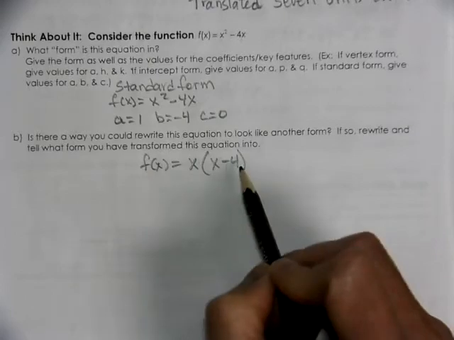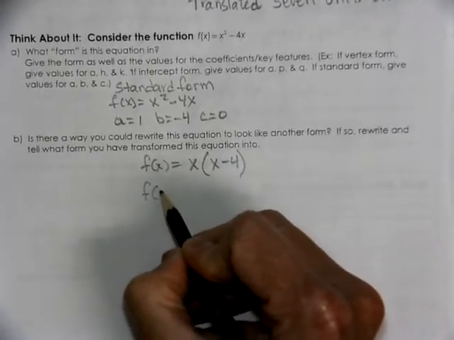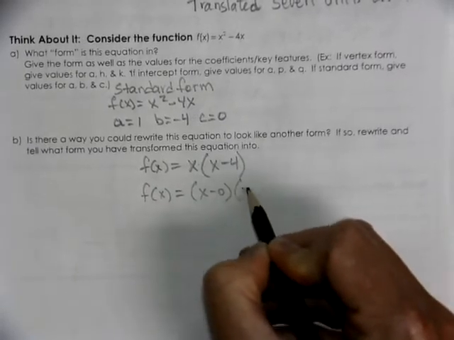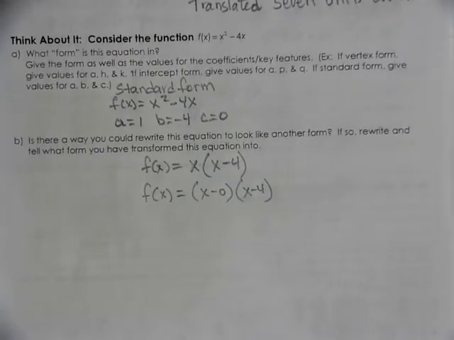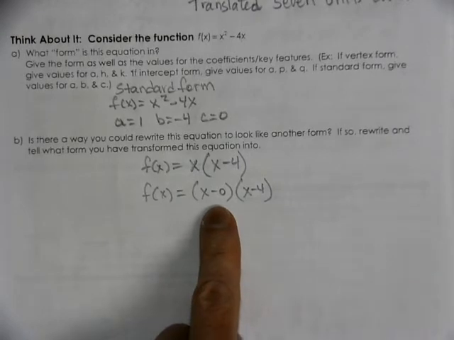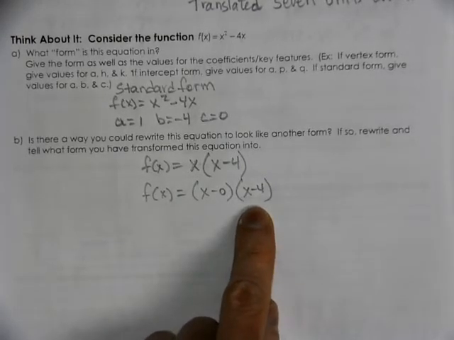Now, when we look into this form, it does look a little bit like x minus nothing and x minus 4. This looks like intercept form, which has a 0 for an intercept and 4 for an intercept, where your p is 0 and the q is 4.